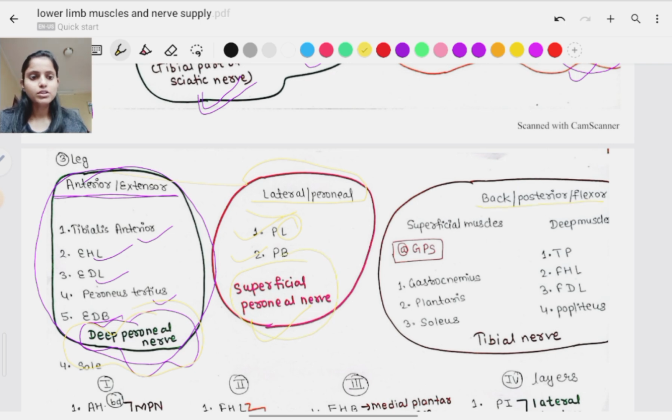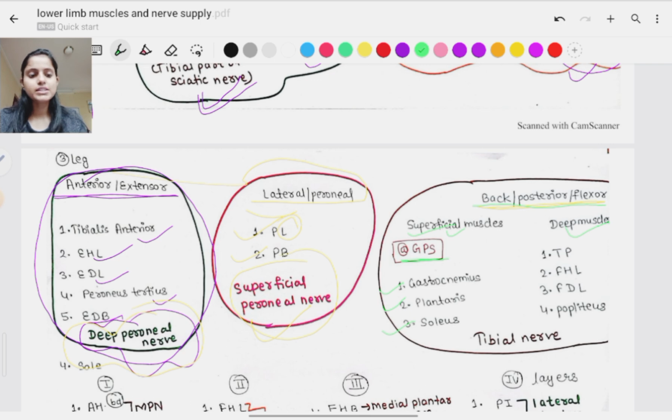Now the back, posterior or flexor compartment. It has 3 superficial muscles and 4 deep muscles. Superficial muscles: GPS, gastrocnemius, plantaris, soleus.